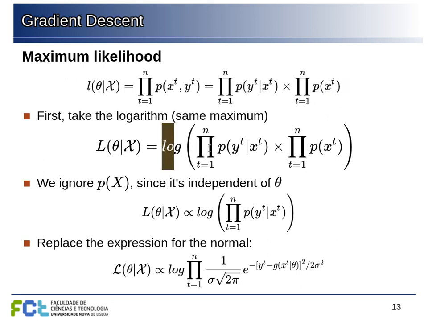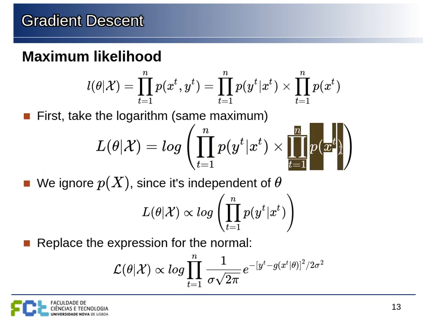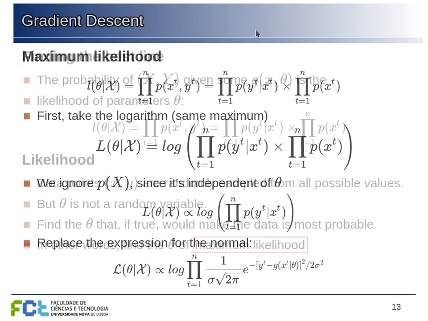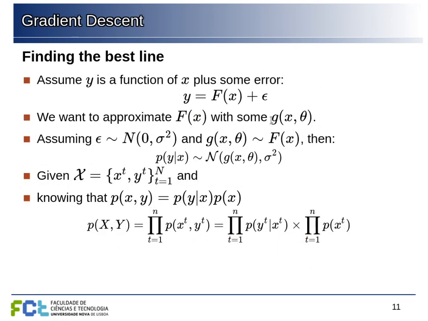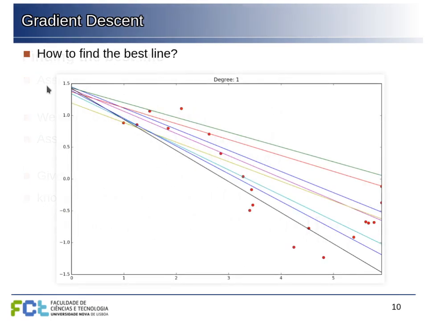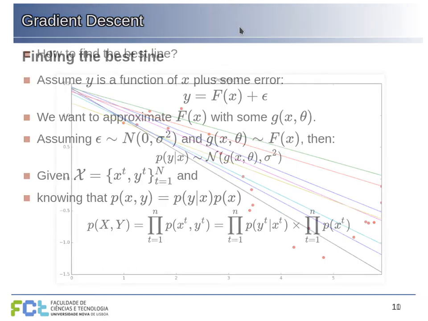We can take the logarithm so that we can change these multiplications into sums. We can also discard this part because note that our parameters here are the parameters for this function, for the line. And the line is telling us how y depends on x. The line that we are trying to find does not tell us anything about the probability of x, so it's independent of that.